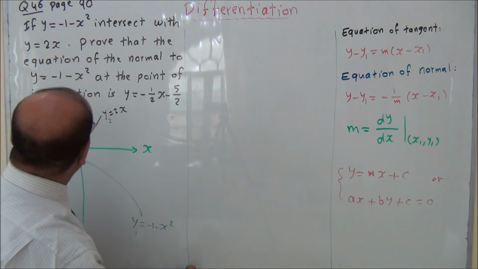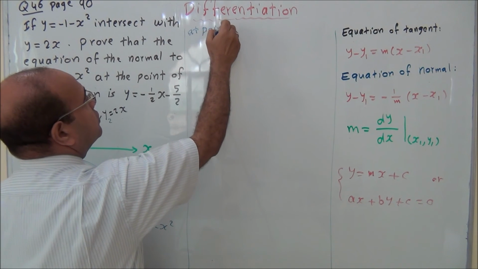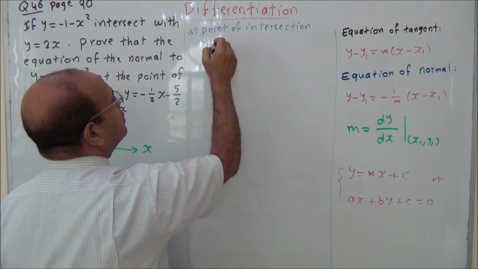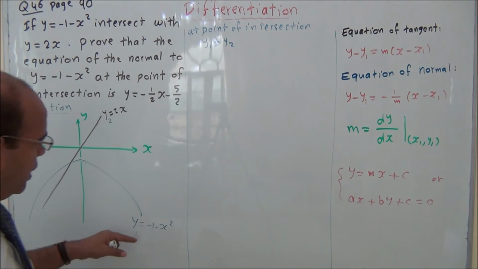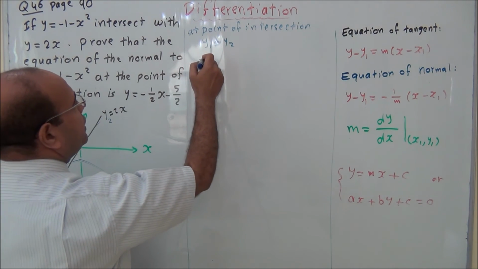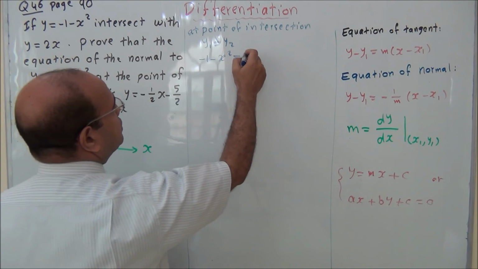So at the point of intersection, y1 equals y2. y1 is the equation of the curve, y2 is the equation of the line. So negative 1 minus x squared equals 2x.